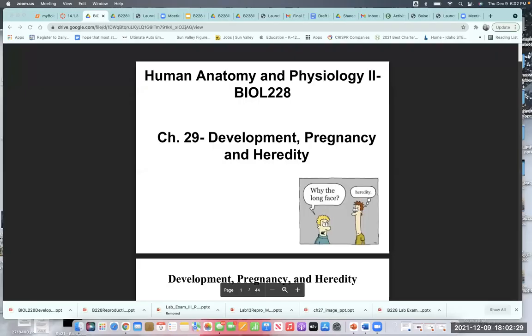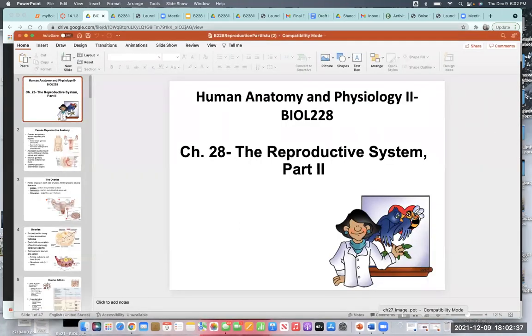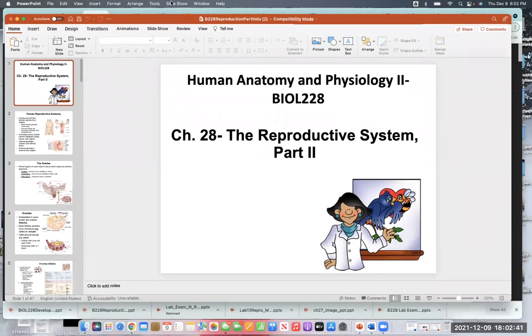I'll cherry pick, and there are some slides toward the end of the female reproduction PowerPoint that we won't cover either. I'll make that really apparent when we get to that material, so that you know, not necessarily not to pay attention to it, but that it won't be tested on for this 5th lecture exam.